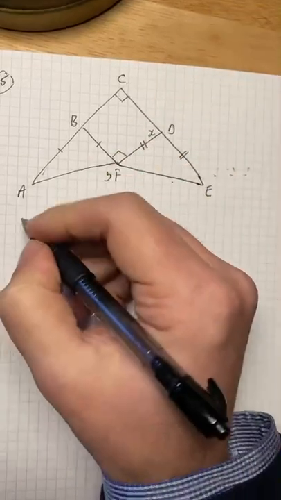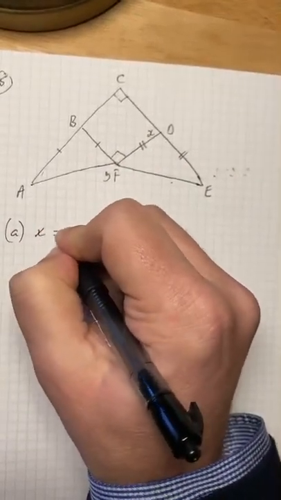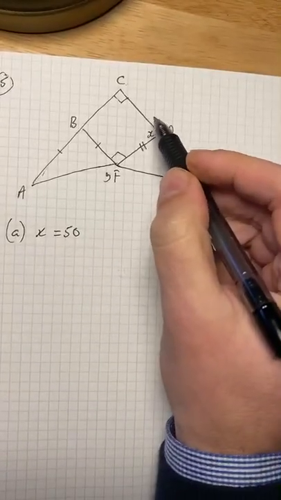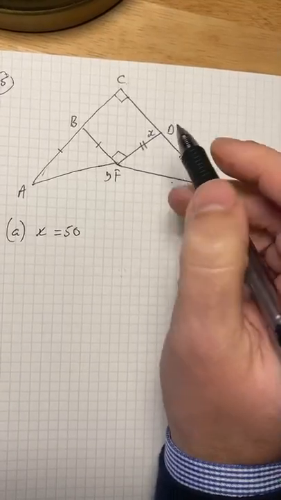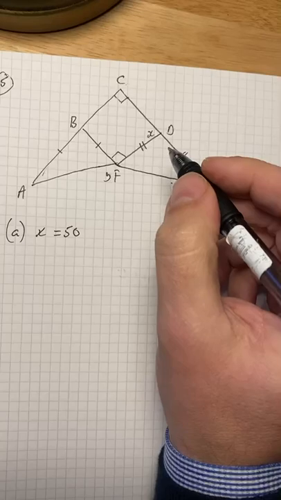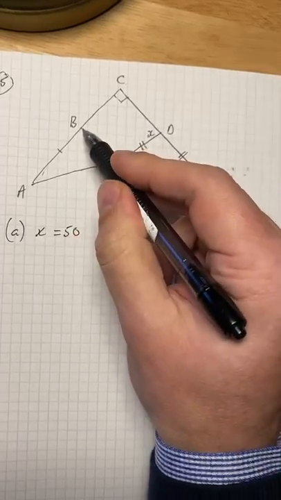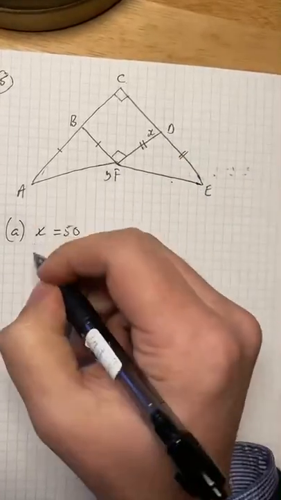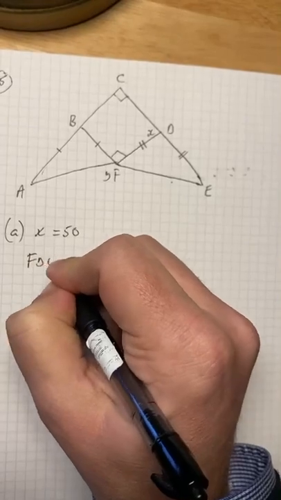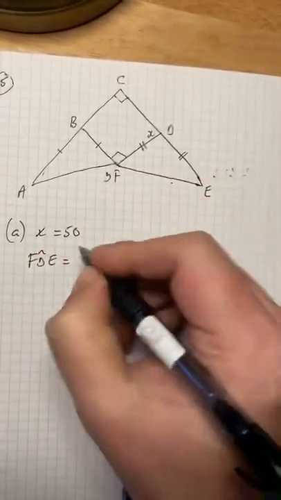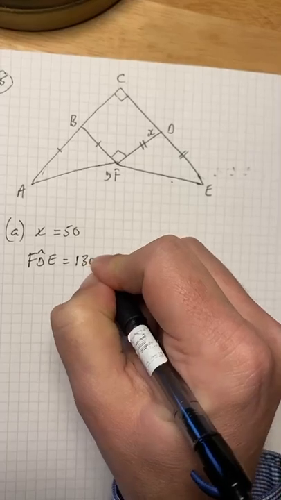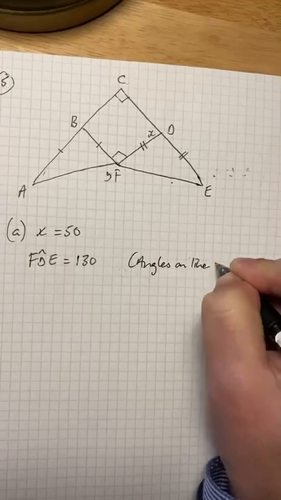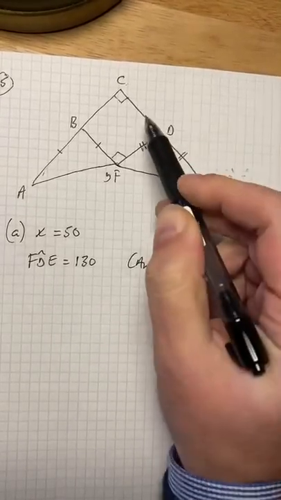Now, first off, X equals 50. How do we find out what Y is? We've got these two isosceles which are going to help. So if X is 50, FDE is 130 because angles on a straight line have to be 180.